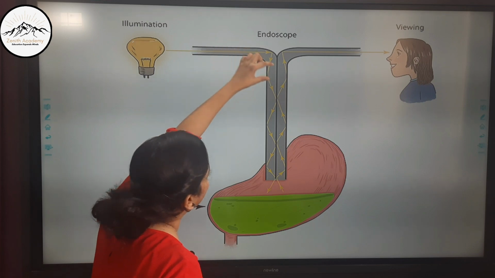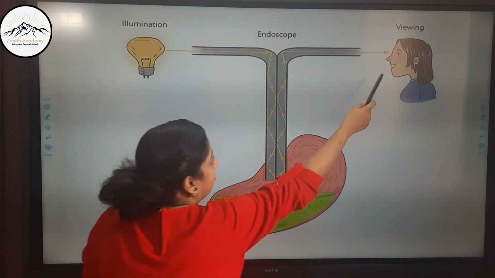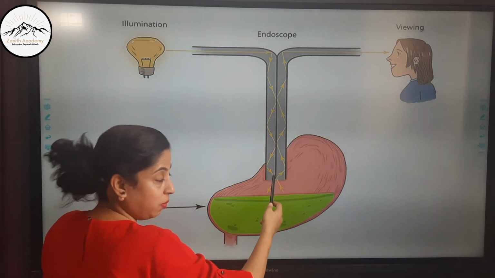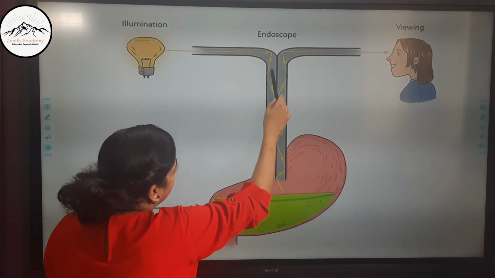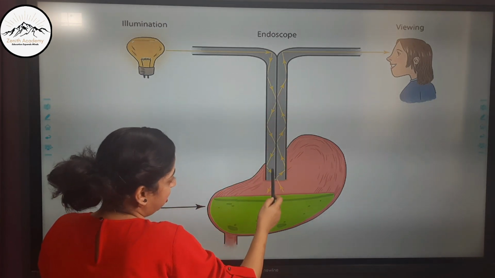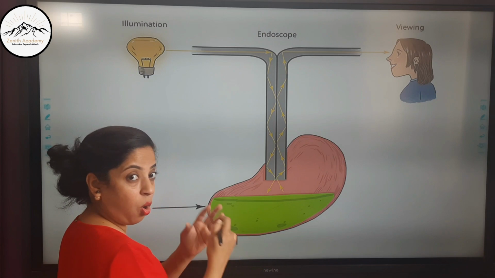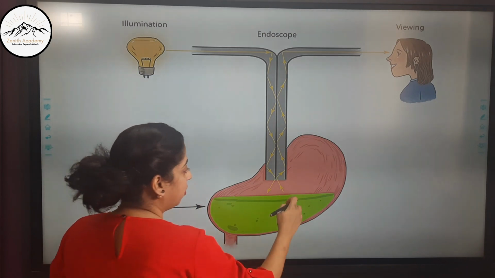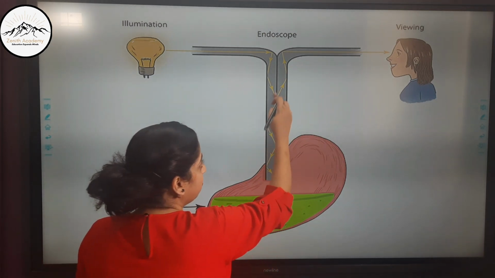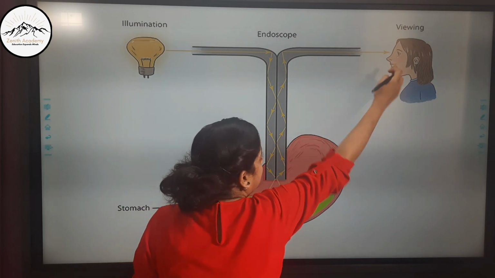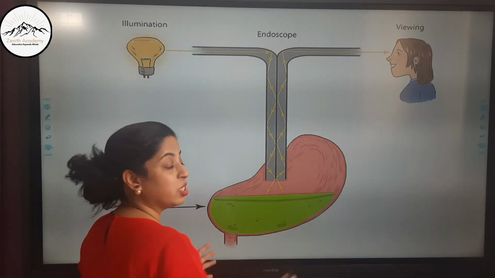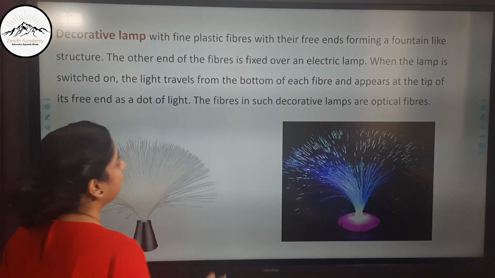From here the illumination or light is sent, and through this we are able to view it. So what happens is that through total internal reflection light reaches the organs, the organs get light, and the light from the organs comes here after total reflection and enters into our eyes, so we are able to see the internal organs.